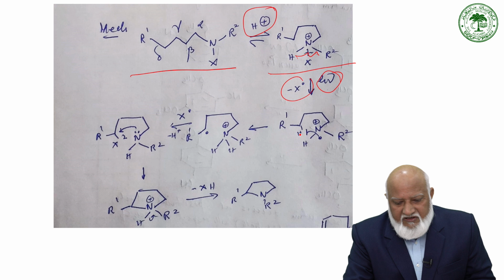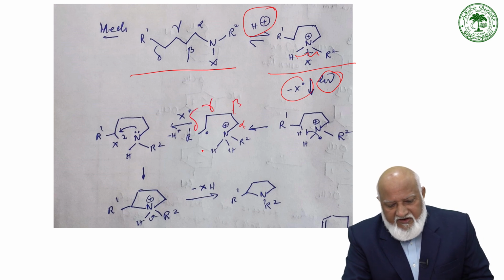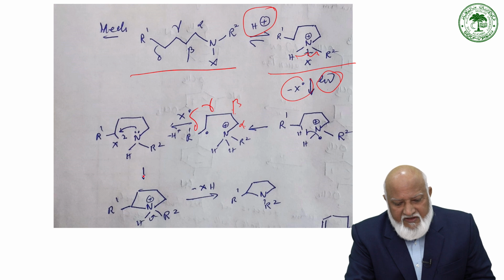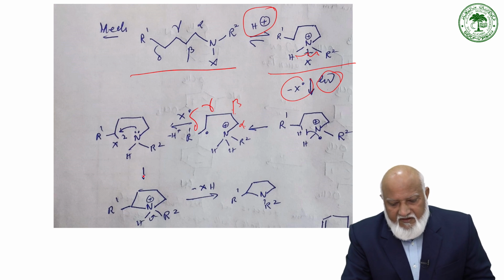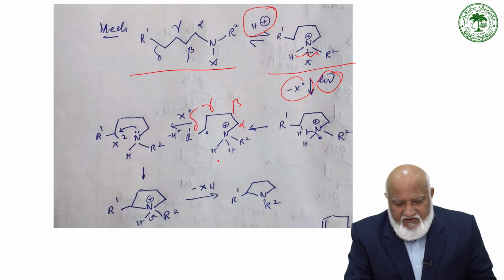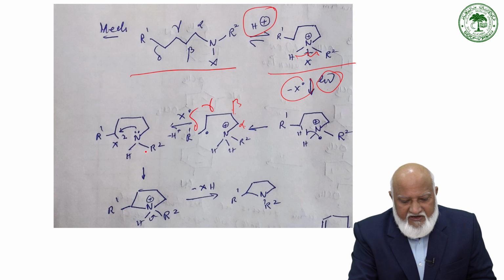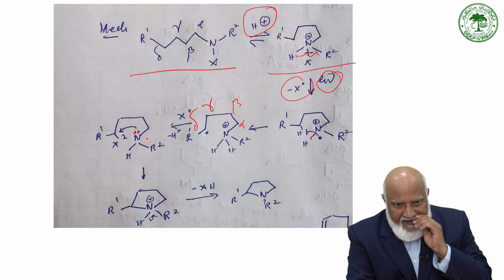This nitrogen radical can abstract a hydrogen atom from the alpha, beta, gamma or delta carbon to give a carbon centered radical, and then this radical once again gets protonated.